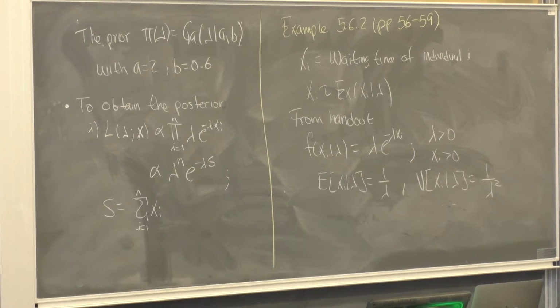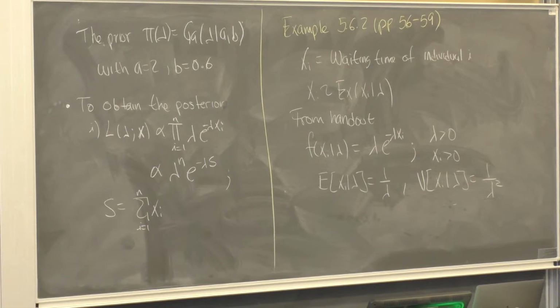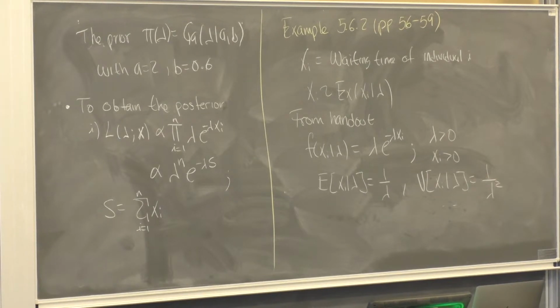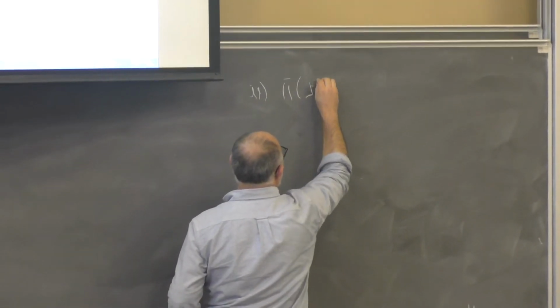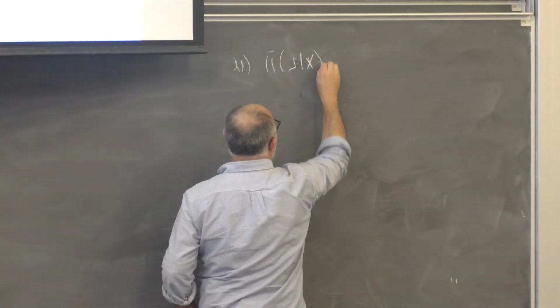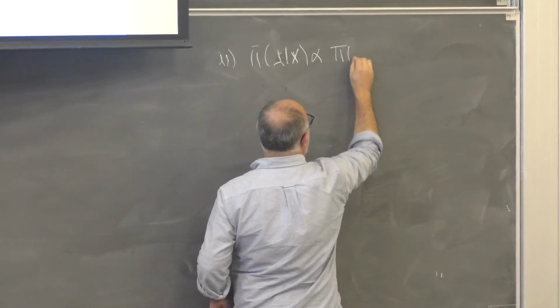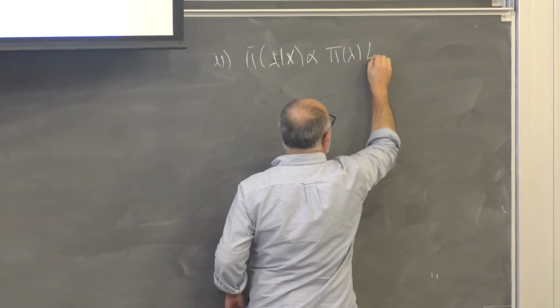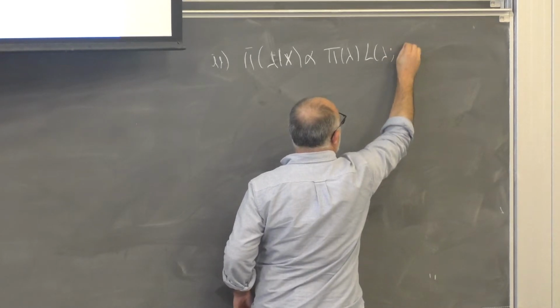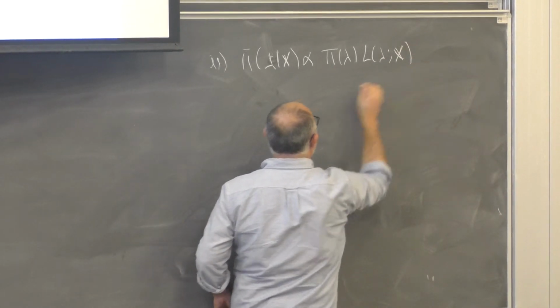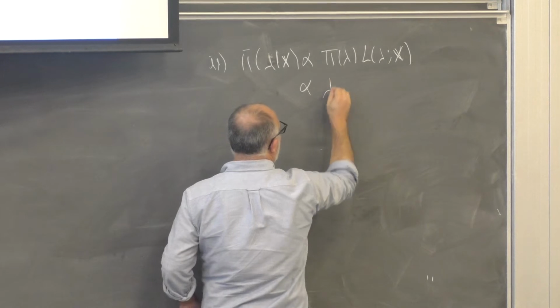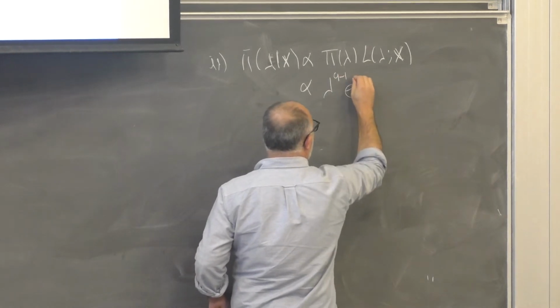So that's hopefully straightforward to everyone. And now the posterior distribution of lambda given the data is proportional to the prior times the likelihood. And that is proportional to lambda to the power a minus 1, e to the minus b lambda, times the likelihood.